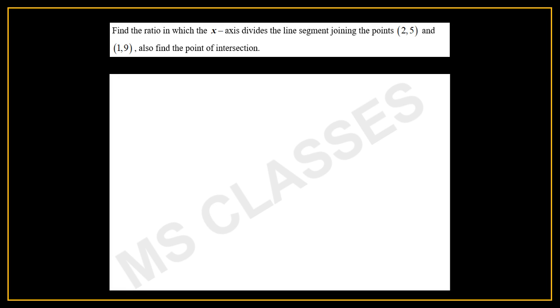There are 2 points here. One is A, which is (2, 5), and the point B, which is (1, 9), divided by the x-axis. So you can think of it in this way: here is the point A, which is (2, 5), and here is the point B, which is (1, 9).